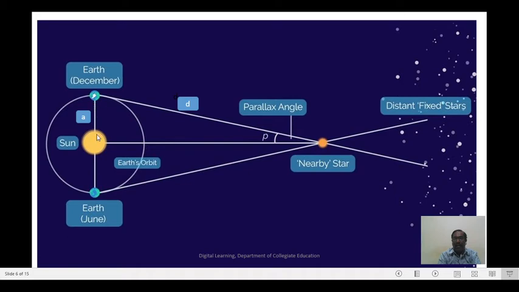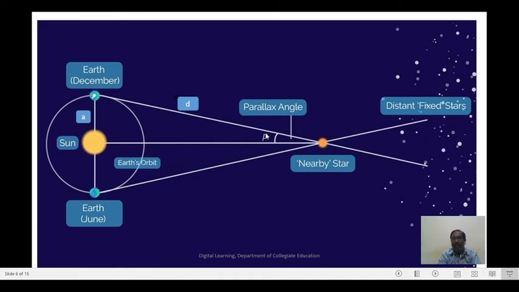Now the angle subtended by this baseline is calculated and half of that angle gives the parallax. This is the angle subtended at the star by the baseline. Half of that angle is P, the parallax.